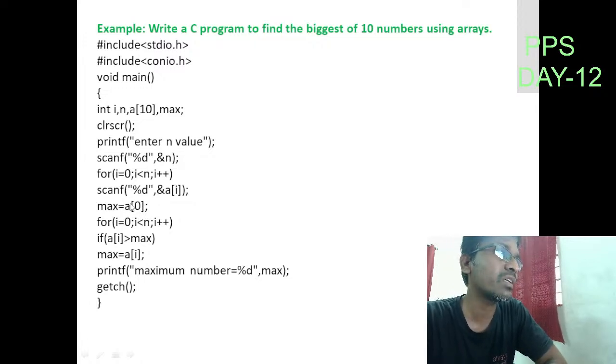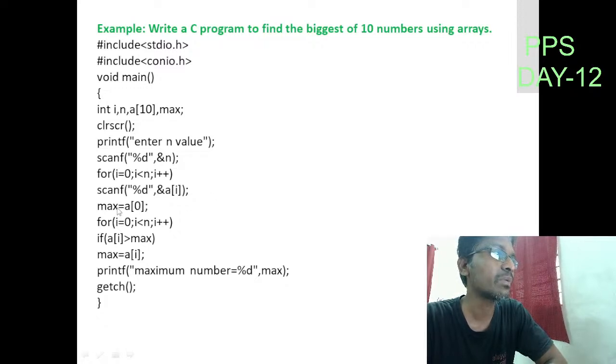If your n value is 1, then we store only one value in the memory location, so the value stored at index number 0 is the maximum value. Whether I read 5 or 10 elements from the keyboard, I start with index number 0 and assume it as the maximum number.